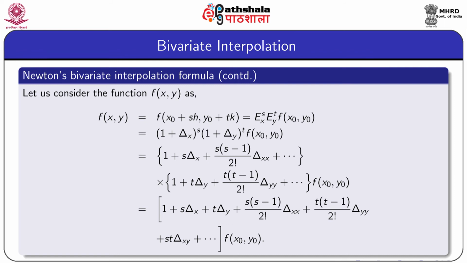After simplification, the entire expression becomes 1 plus s into delta x plus t into delta y, the first difference terms, plus s into s minus 1 by factorial 2 into delta xx plus t into t minus 1 by factorial 2 into delta yy plus st into delta xy and so on.